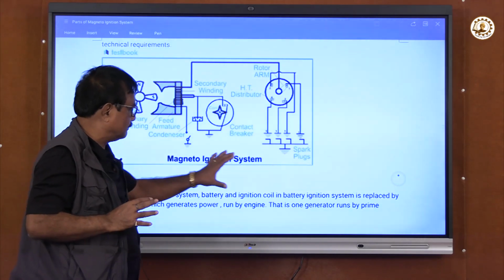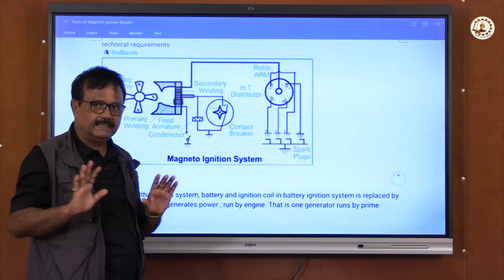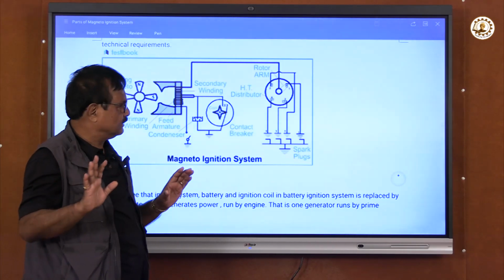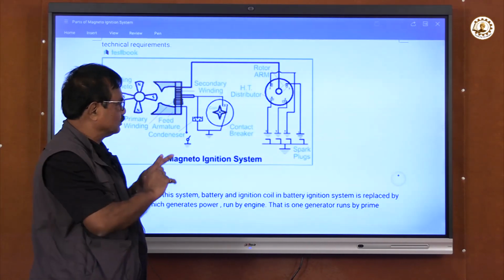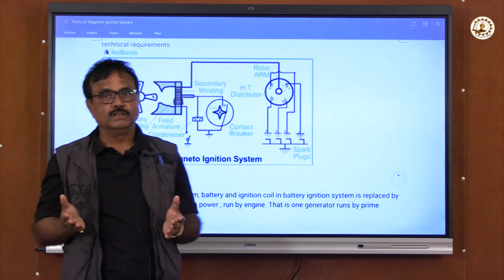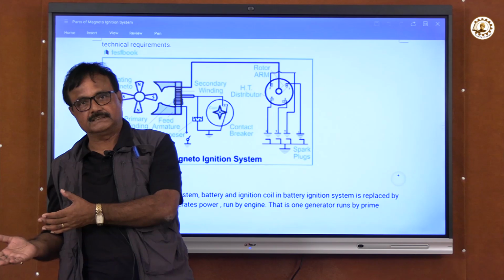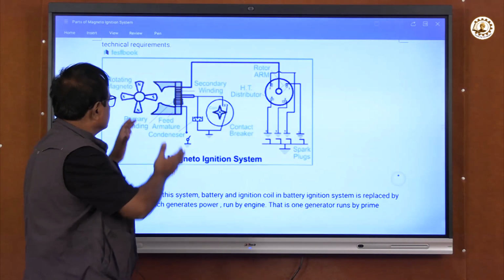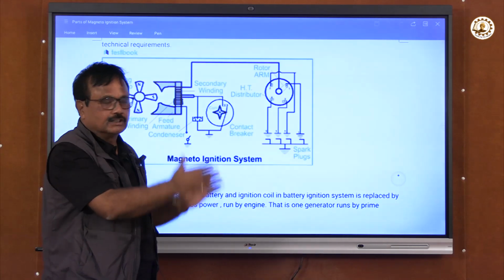So this is the whole thing about the battery ignition system and the magneto ignition system. It is a very simple thing. You can easily understand what this magneto is. This question may come to you: what is the battery ignition system and what is the magneto ignition system? Now in the battery ignition system, we have a battery and ignition coil.